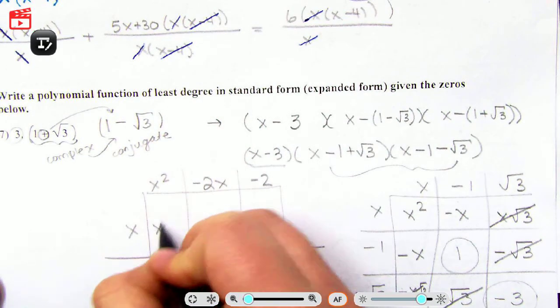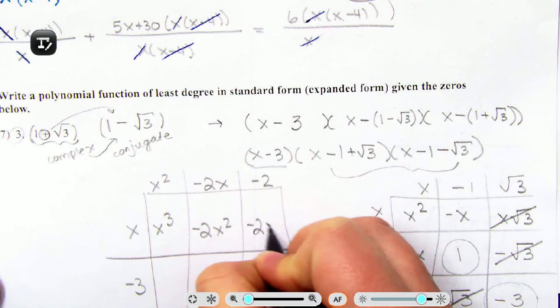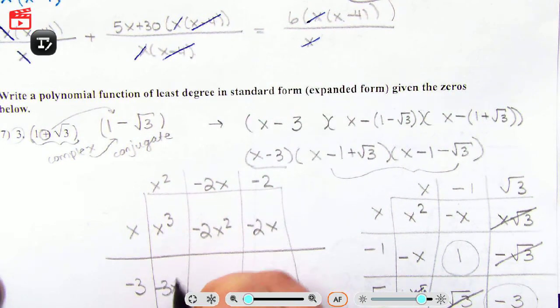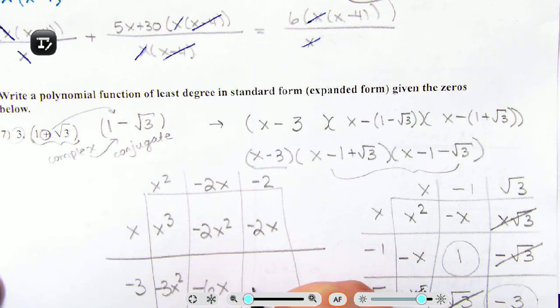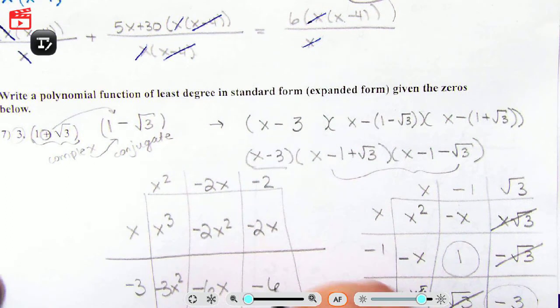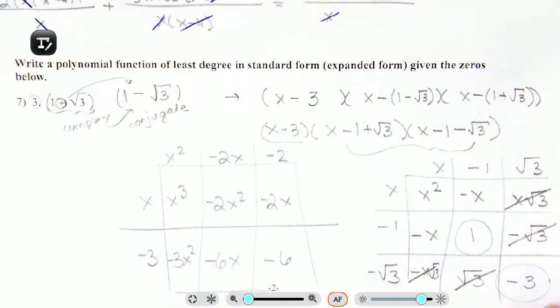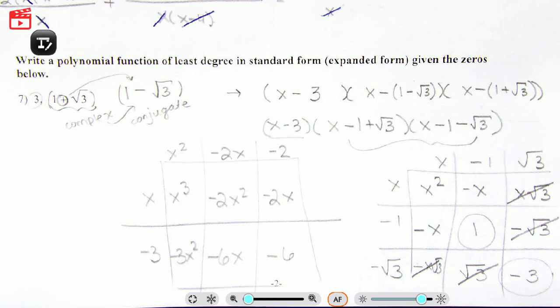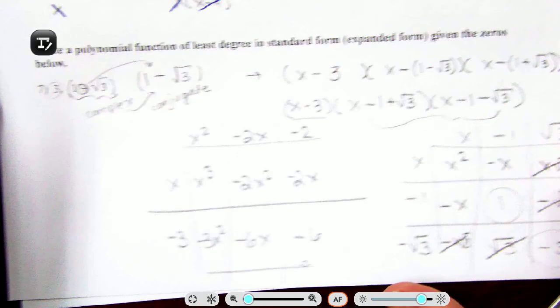So this is x cubed minus 2x squared minus 2x, negative 3x squared minus, what is this, 6x minus 6. And again, because they are not conjugates, if you are lucky, then things will cancel. If not, then things won't cancel. You're just going to have a longer polynomial.